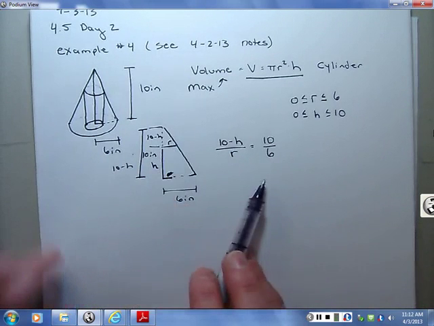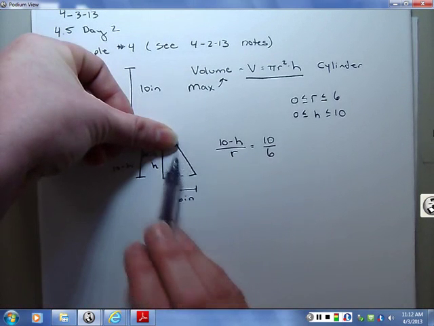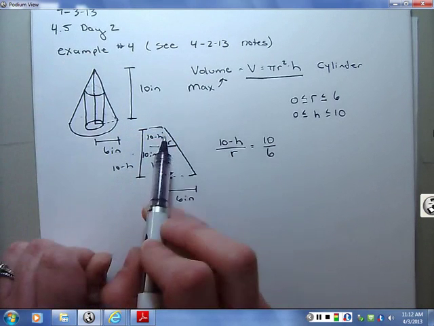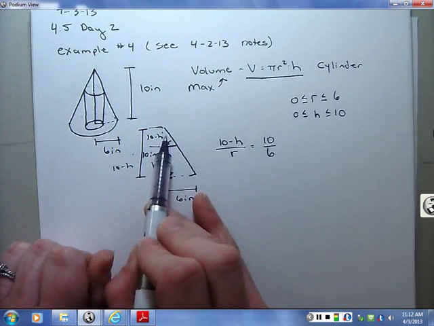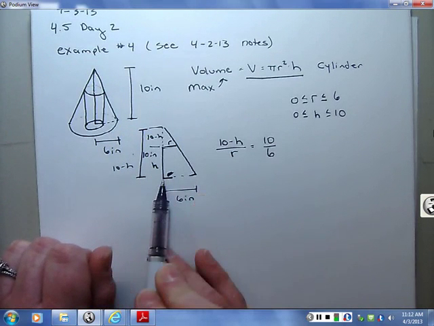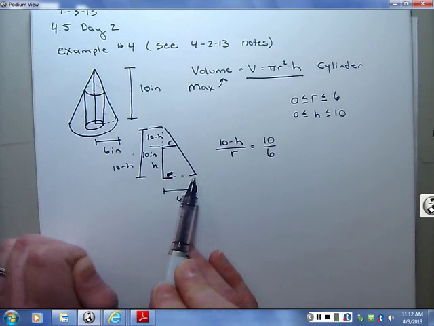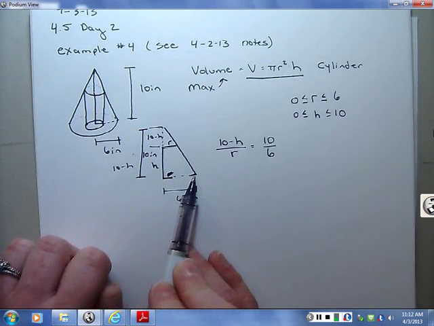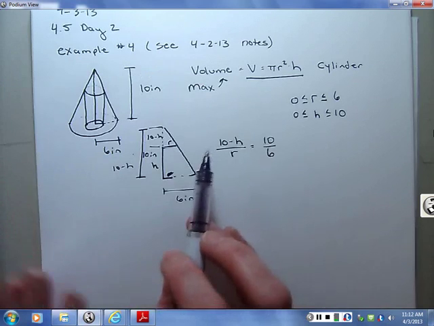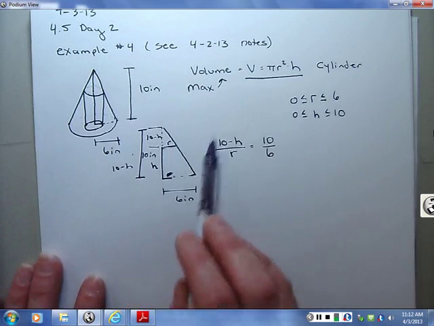If I use h, h would not be a triangle. So I need to use a triangle. So this is my triangle here. So I have 10 minus h is to r as 10 is to 6. Do you guys see that now? Sorry about that. I need to use a triangle, not a triangle that's had its head cut off.